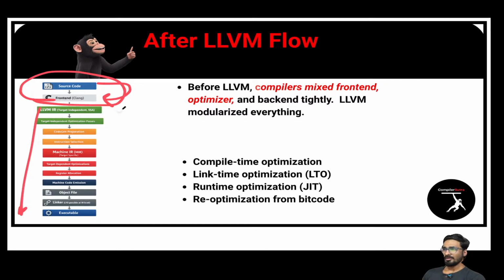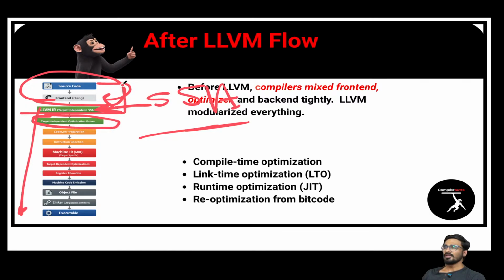So we will have LLVM IR. After the front end gives us LLVM IR, this IR will be in SSA form. What is SSA form? We will discuss it later. Just think of it as every variable being assigned once. This is called SSA form. Once there, we will have target independent optimization done by the middle end.